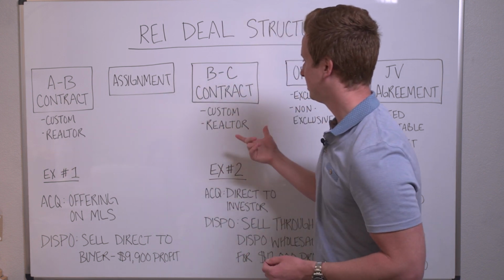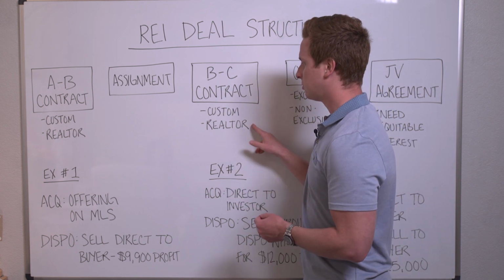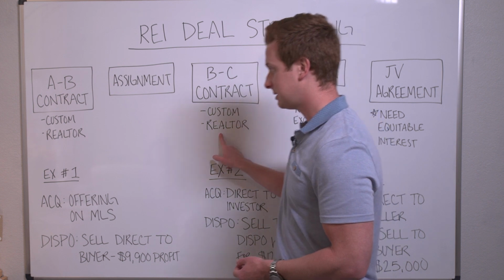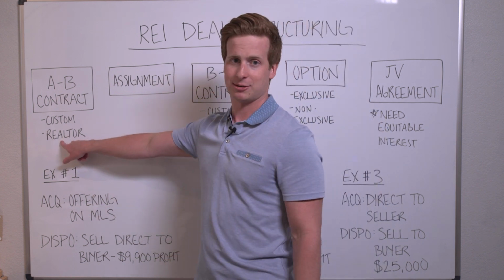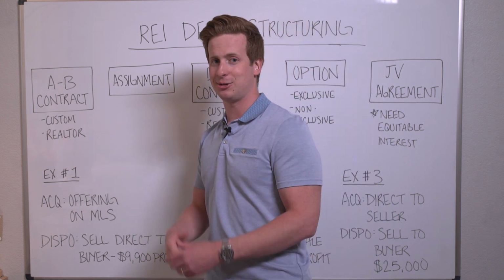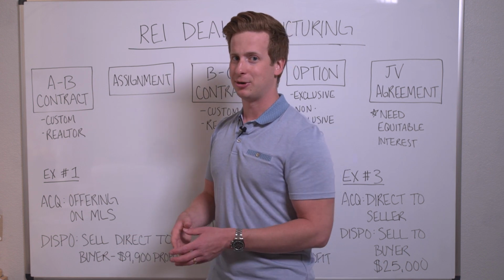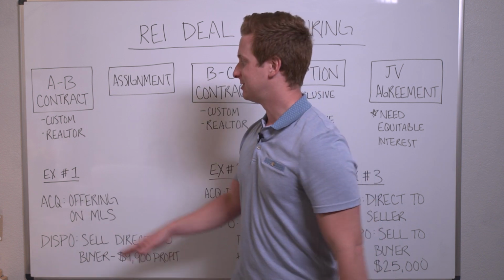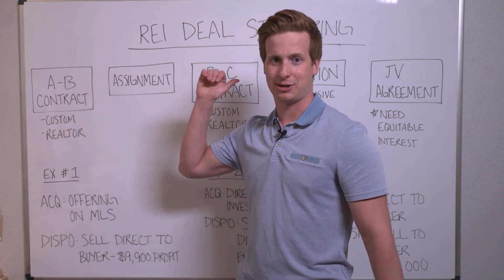Right? Then we've got the B2C contract, same thing, you've got custom, or you could use a standard realtor contract. If you're using the standard realtor contract, it's the same as the A to B contract, right? So you're not going to go into zipForms as a realtor, or whatever your association uses to organize your paperwork, and see A to B contract or B2C contract, right?